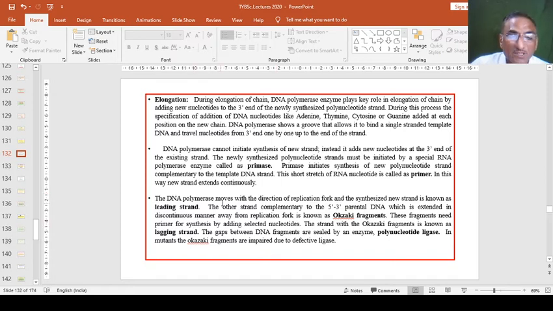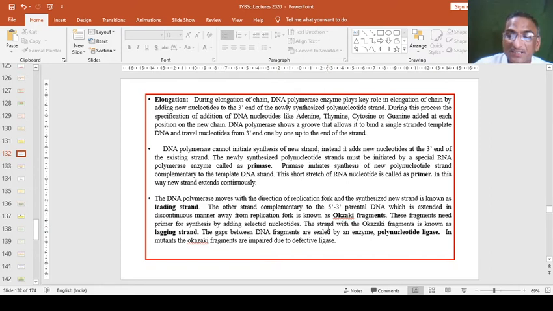The DNA polymerase moves with the direction of the replication fork, and the synthesized new strand is known as the leading strand. We have seen in the previous lecture the leading strand and the lagging strand, called the Okazaki strand. The other strand, complementary to the 5'3' parental DNA, which is extended in a discontinuous manner away from the replication fork, is made of Okazaki fragments.